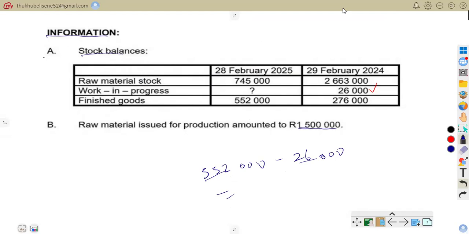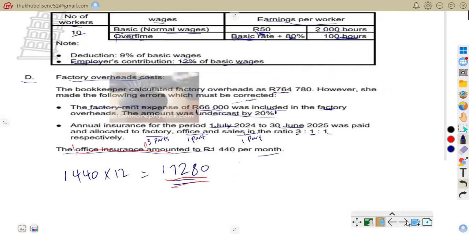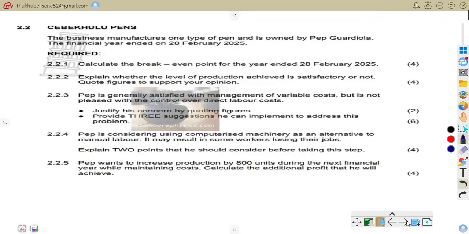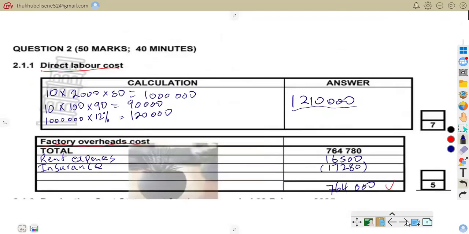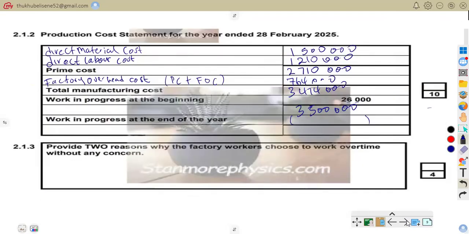So this will give us 526,000 as our closing work in progress.